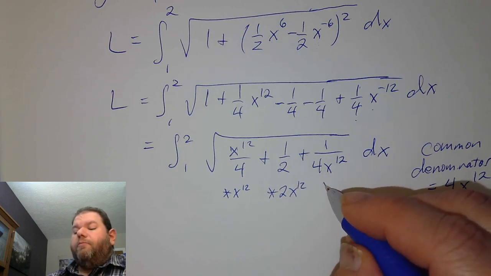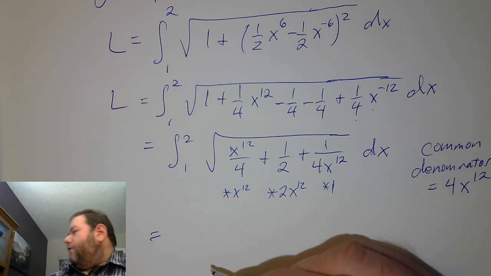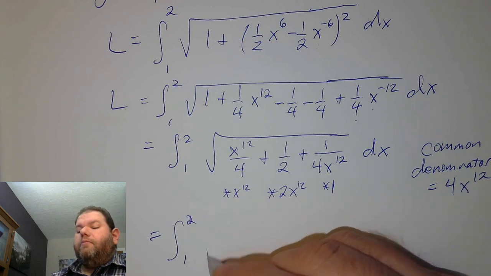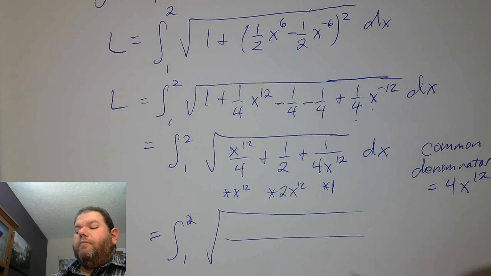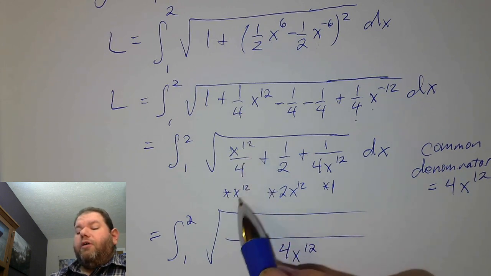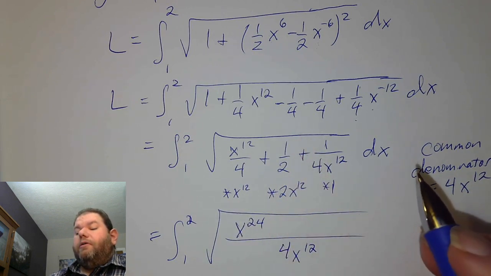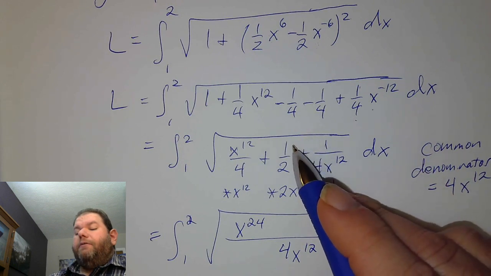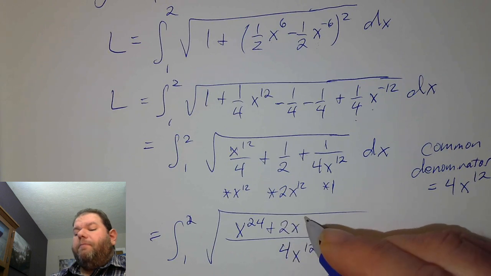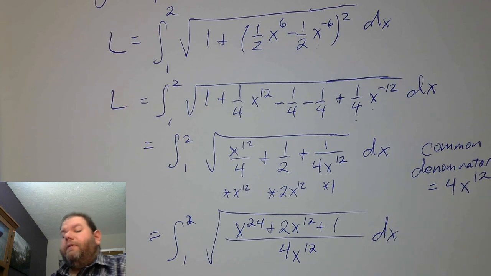And the last term multiplied by 1. So on top, x to the 12 times x to the 12 is x to the 24. Here we need 1 times 2x to the 12th on top. And then we still have plus 1 and then dx.